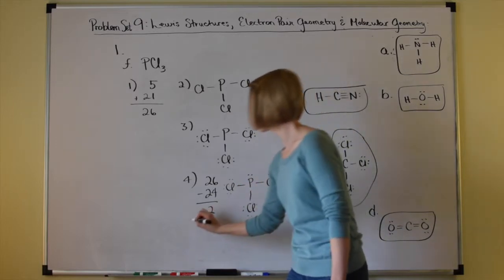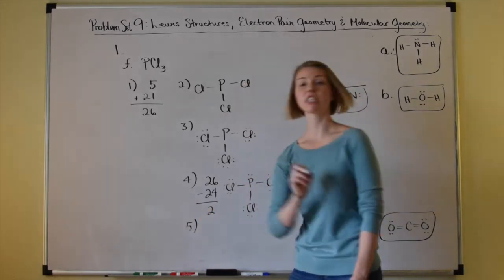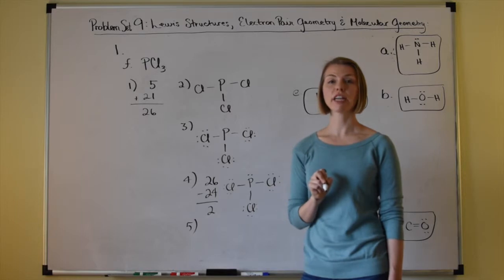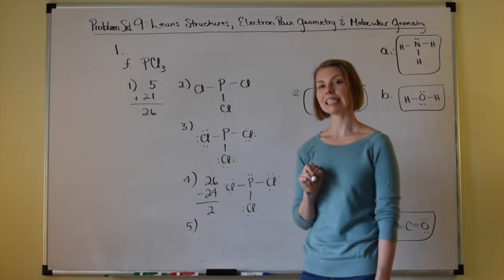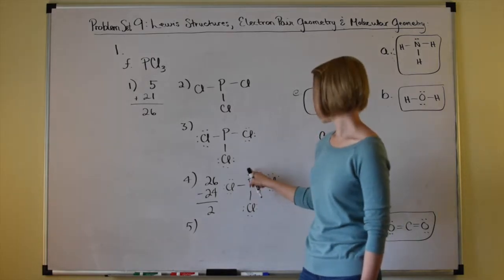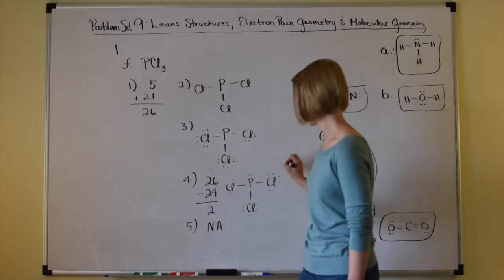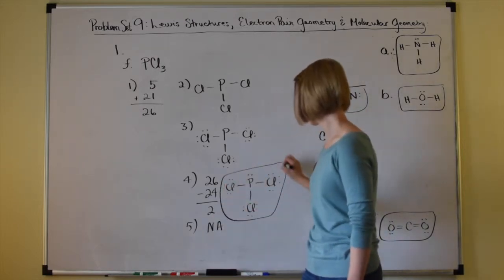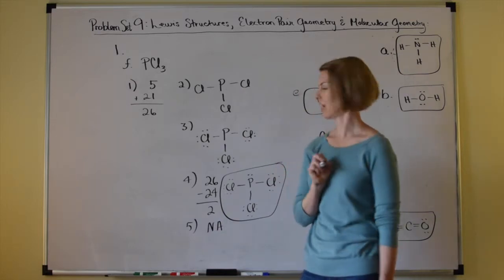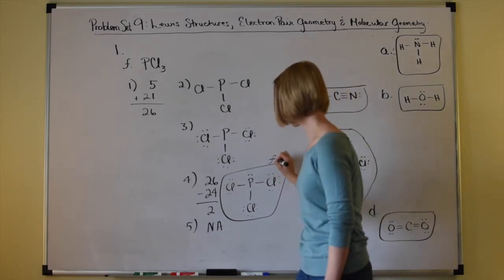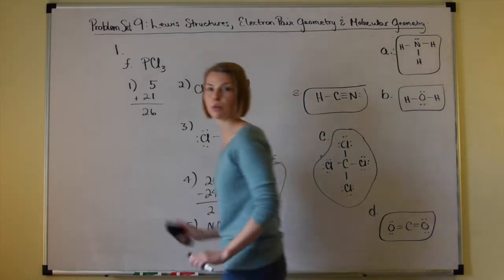And step number 5 tells us if the central atom is still not satisfied, we're going to form double and triple bonds as needed. But we can see that phosphorus has 2, 4, 6, 8. So number 5 is N/A, not applicable. Here's our final answer.